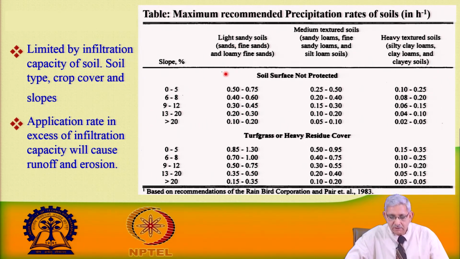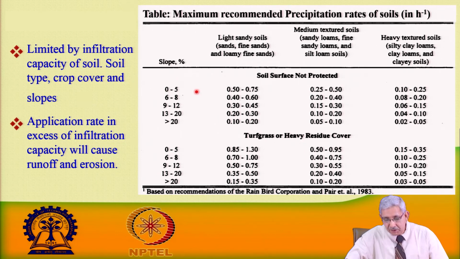for bare land, the application rate is 0.5 to 0.75 inch per hour for a land slope in the range of 0 to 5%. For the same soil, when there is a residue or heavy grass cover, the application rate can be increased for the same slope.